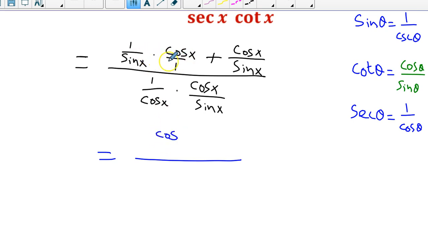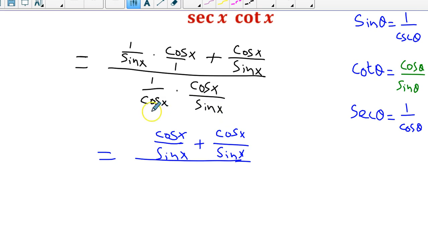We are multiplying these two fractions, so numerator times numerator, denominator times denominator. In the denominator we have cosine x, and here sine x times 1 is again sine x, plus cosine x over sine x. And in the denominator you have 1 over cosine x times cosine x over sine x.